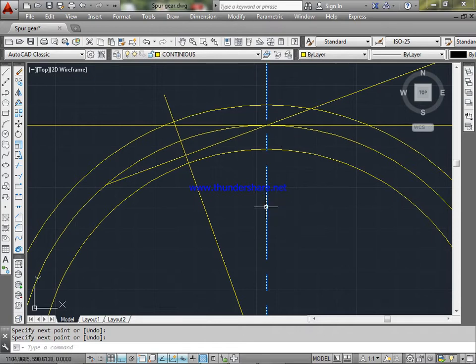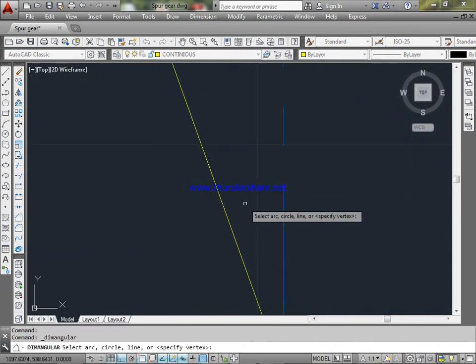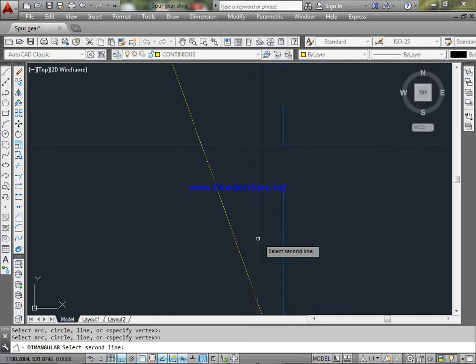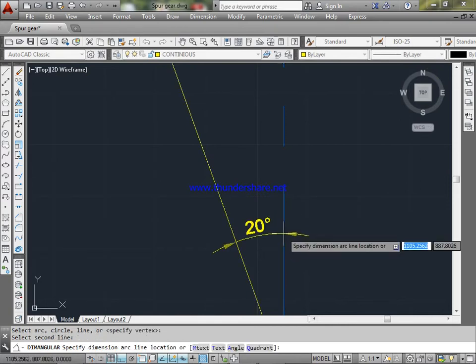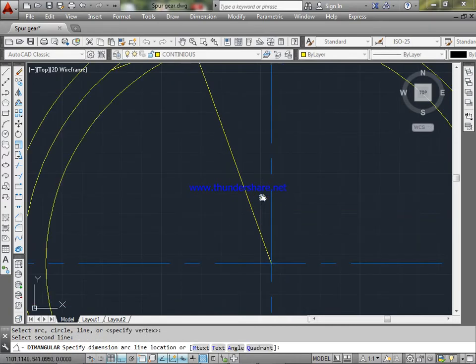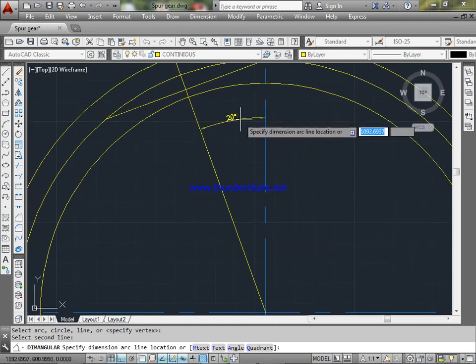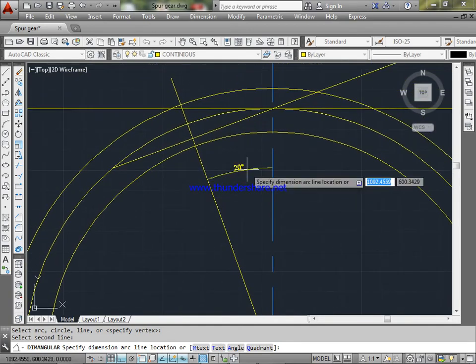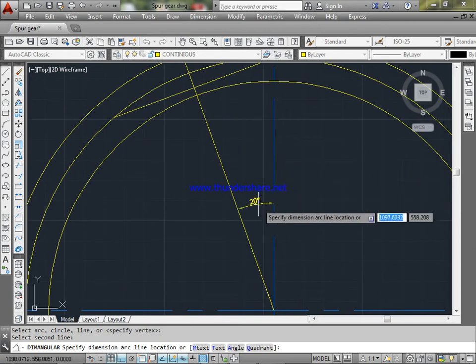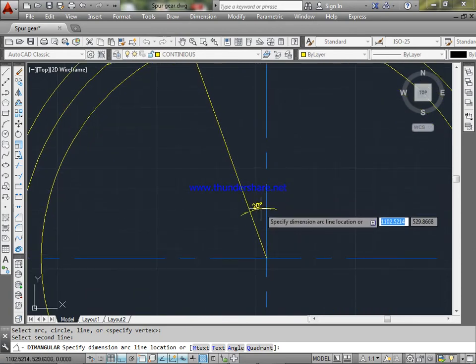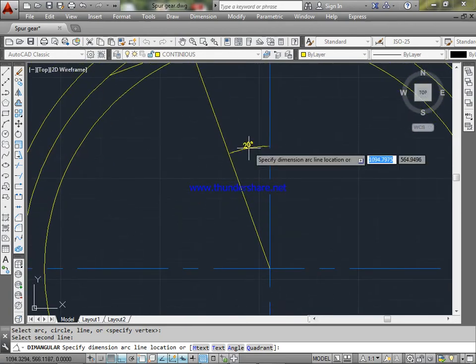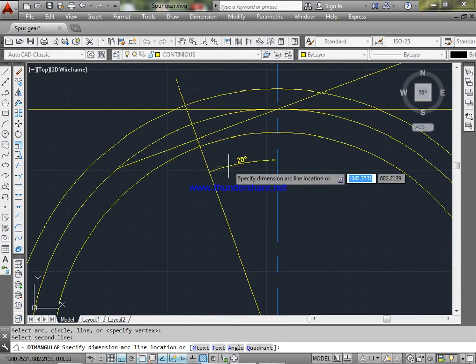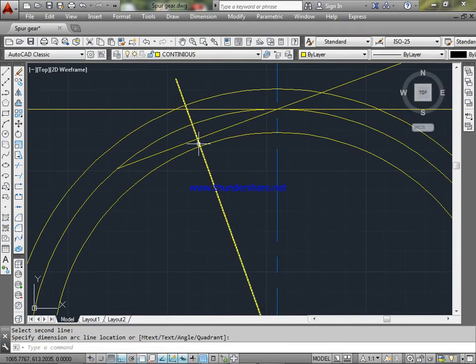With this the axis. Okay. The line touches the line of action here.